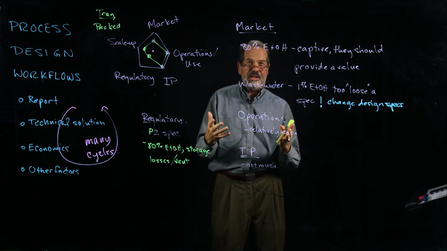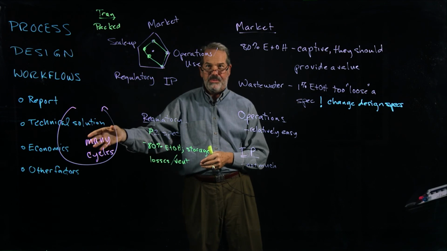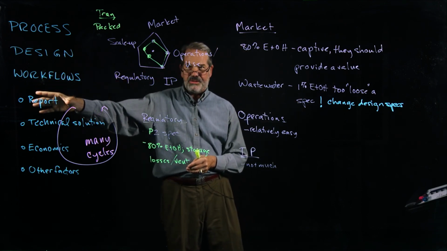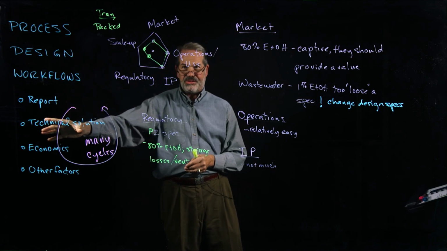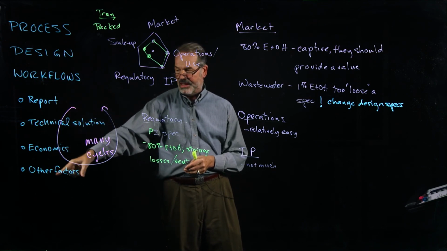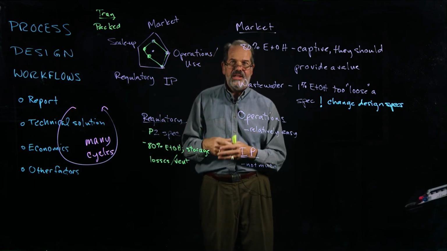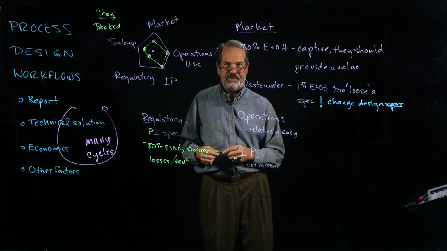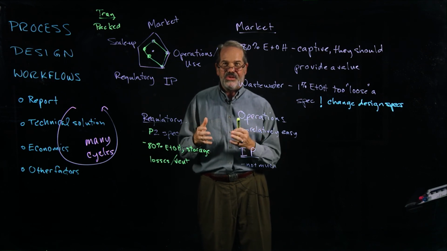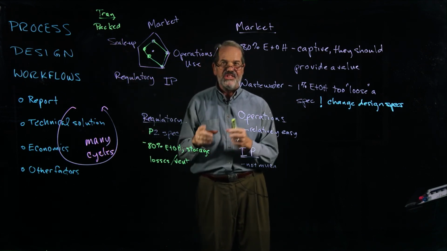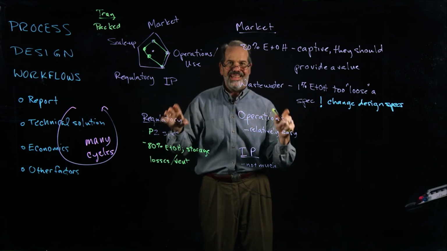So this simple example with your current problem is to show you how you might think about organizing the report: the technical solution, economics analysis, other factors, integrating those together in an improved process design, and finding a couple things that you can do different. What you've done when you've done this first pass is you've generated a base case.